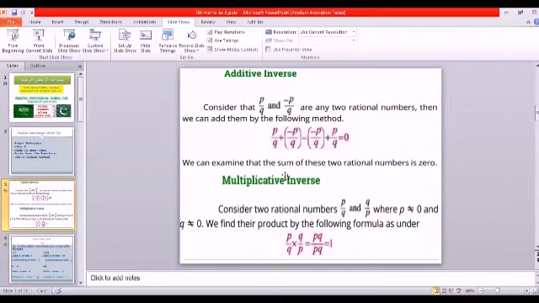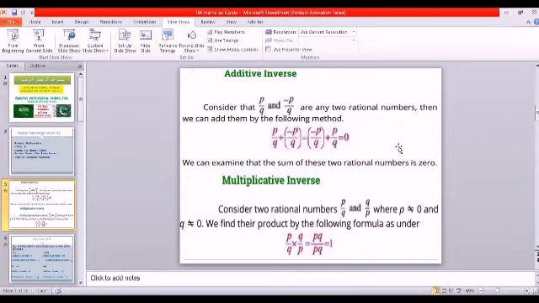We can see that the sum of these two rational numbers is 0. It means that if you have any number and you add the same number with opposite sign and you get the answer 0, then we say that number is the additive inverse of the first number.